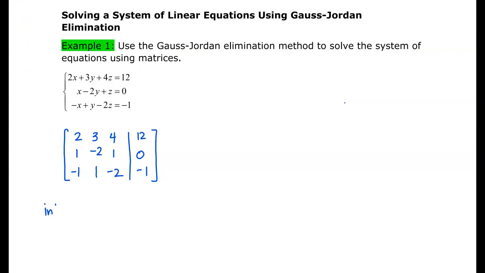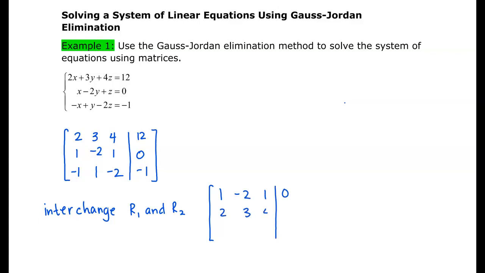So interchange row 1 and row 2. Then we have this new augmented matrix: 1, -2, 1, 0, 2, 3, 4, 12, -1, 1, -2, -1.